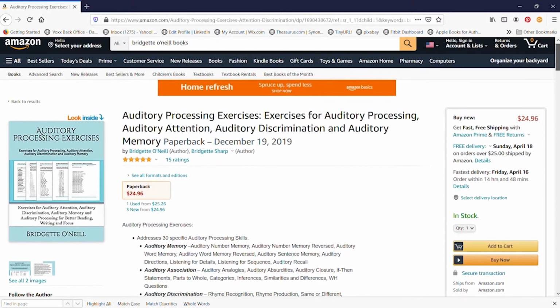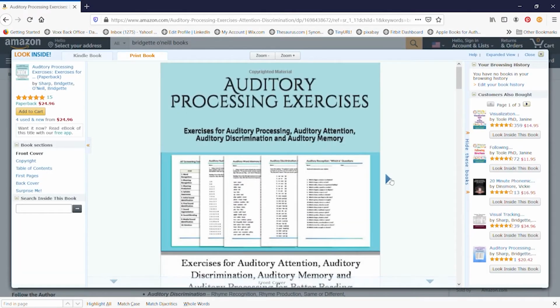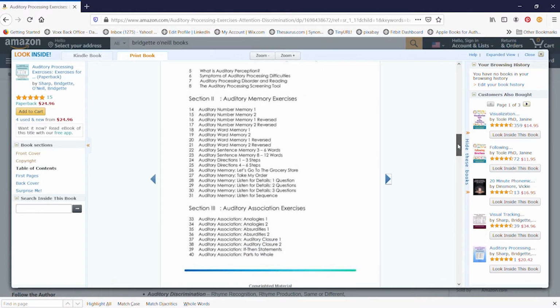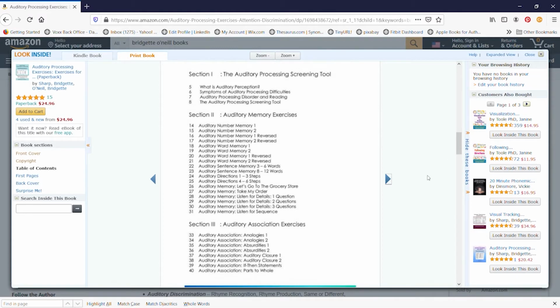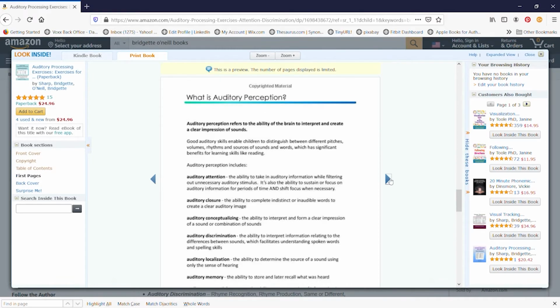But if you look inside, you can really see what's in there. So let's look inside for a second. Our table of contents shows the sections: auditory memory, auditory association, auditory discrimination, and auditory reception, which are all very important auditory processing skills. And those are the exercises under each section that you see. So there are quite a few.